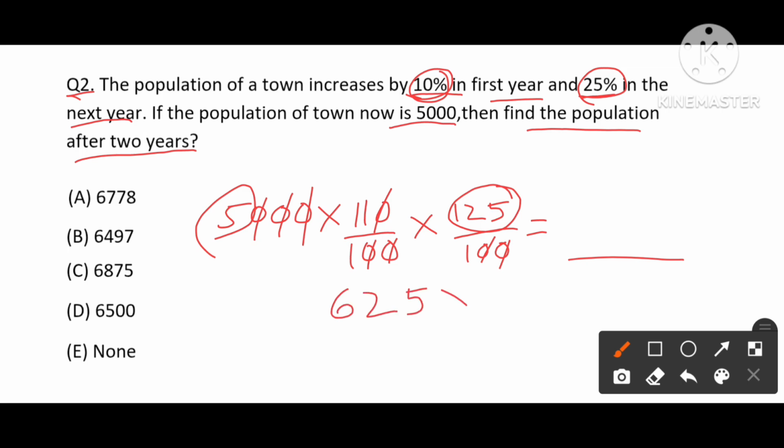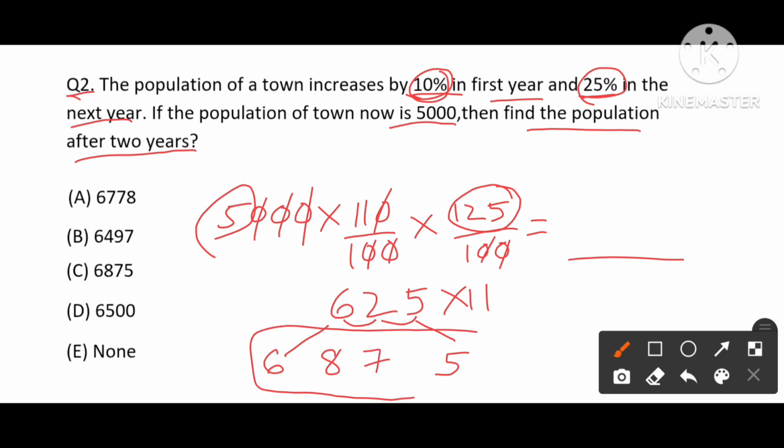And into 11 times. To multiply 11 times, what we do is first place these numbers 6, 5 at the ends. Sum of these two, 8. Sum of these two, 7. And unit digit is 5. So answer will be 6875. Option C is our answer.